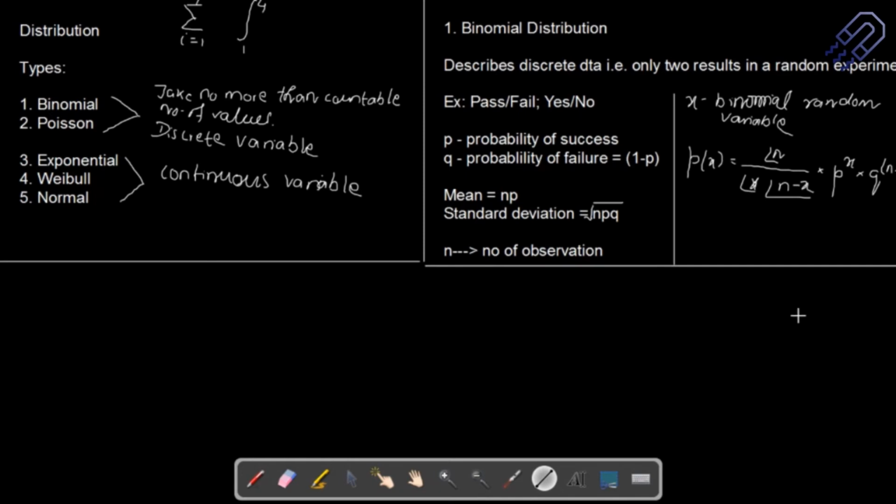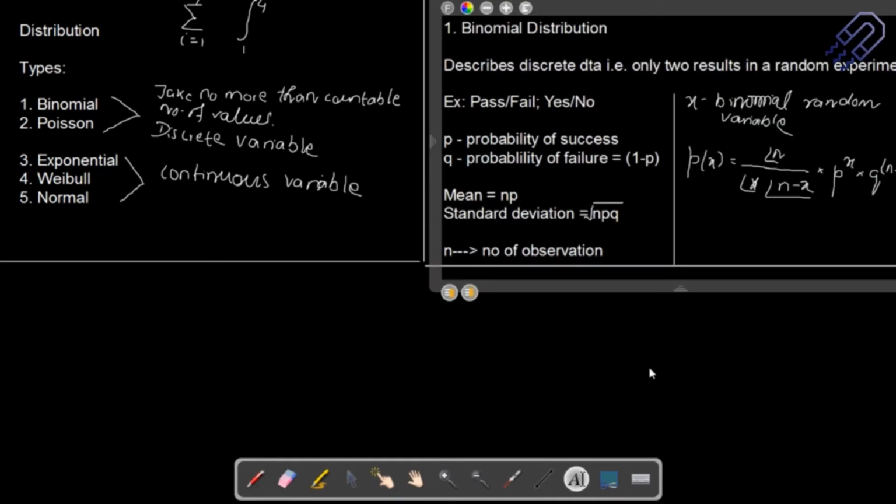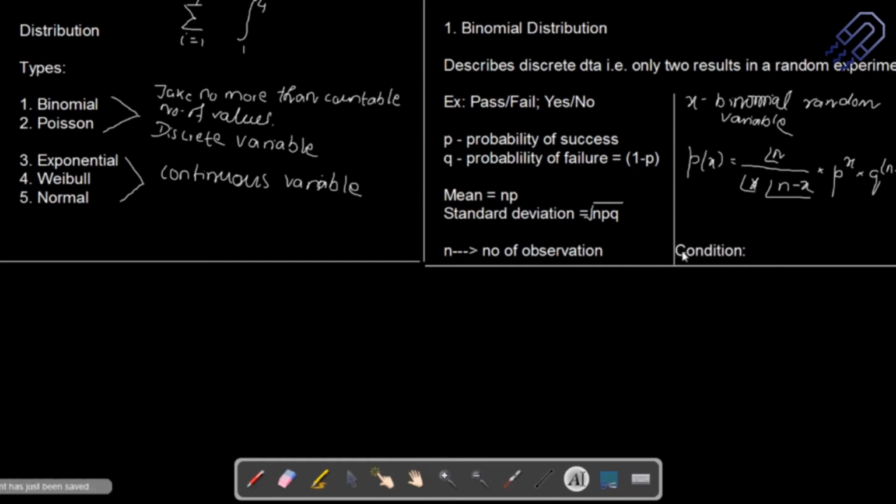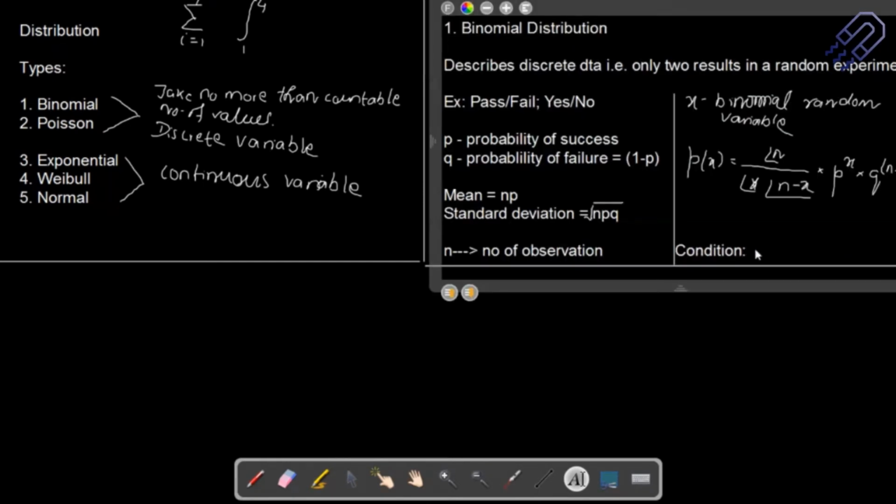There is a condition, I think I should mention. The condition is each trial has two outcomes.